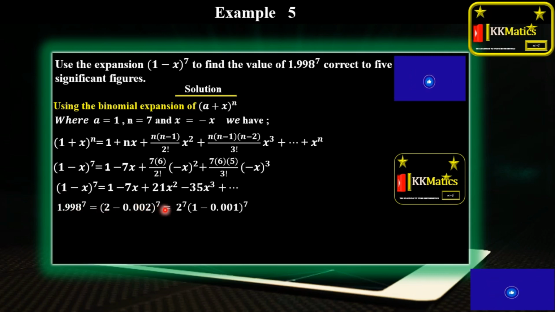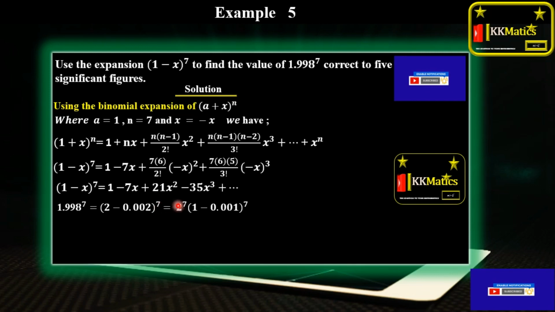By bringing 2 out of the bracket, (2 minus 0.002) raised to the power 7, the first term and the second term are both affected by the power 7.